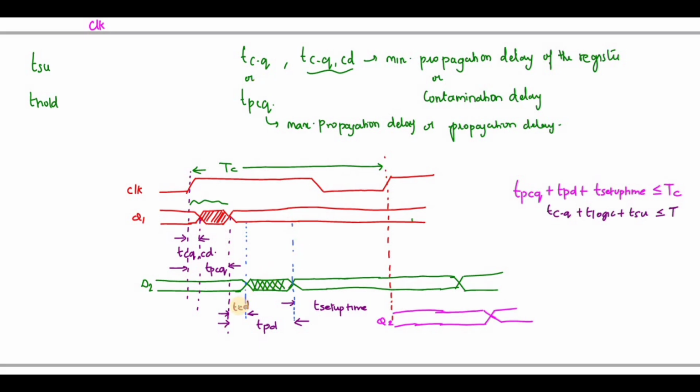TCD represents the minimum delay, that is, the contamination delay of the combinational logic circuit.